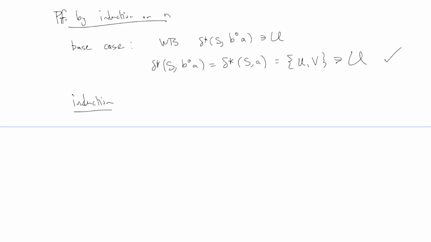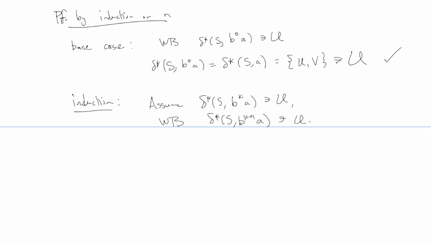The induction case. All right, so we begin with the induction hypothesis. I'm going to say assume delta star of S, B to the k A contains U as an element, and then I want to show delta star of S, B to the k plus 1 followed by A contains U as an element.